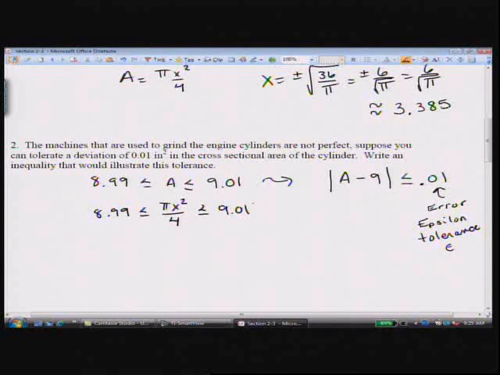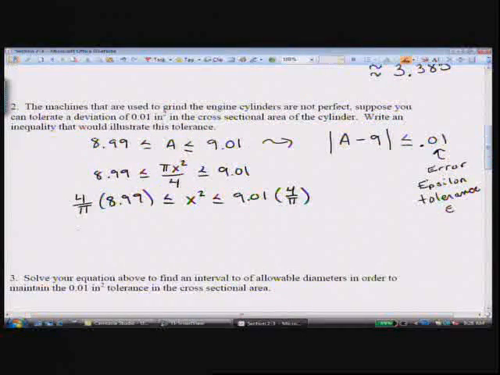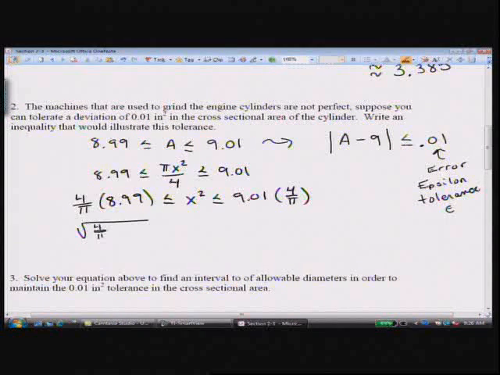Solving this for x squared, the first thing I'll do is multiply both sides by 4 over pi. Then I would take the square root of both sides. The plus or minus is not necessary because we're dealing with a real thing, so it can't be negative.